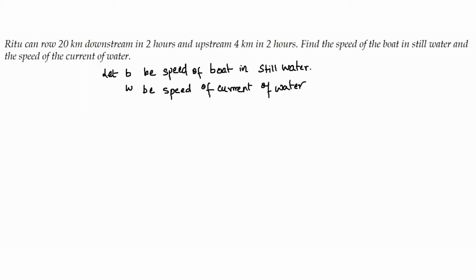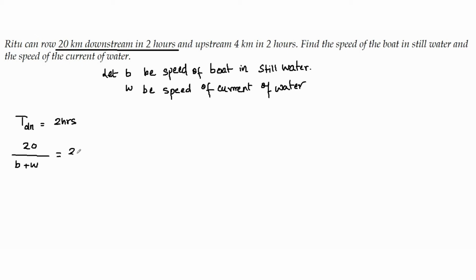So it's given that Ritu can row 20 kilometers downstream in 2 hours. So the time taken to go downstream will be 2 hours. What is the time taken to go downstream? It is the distance to go downstream, that is 20, divided by the speed while going downstream, which is going to be B plus W, right?